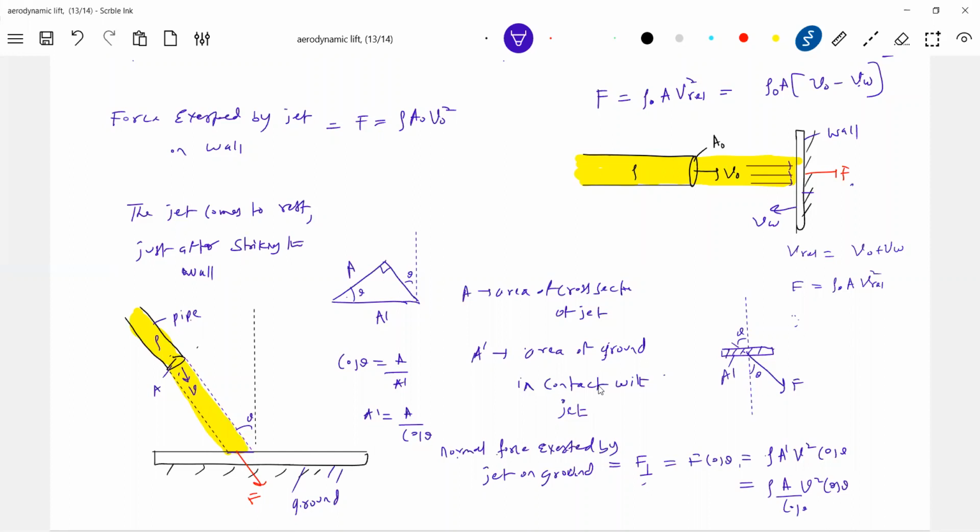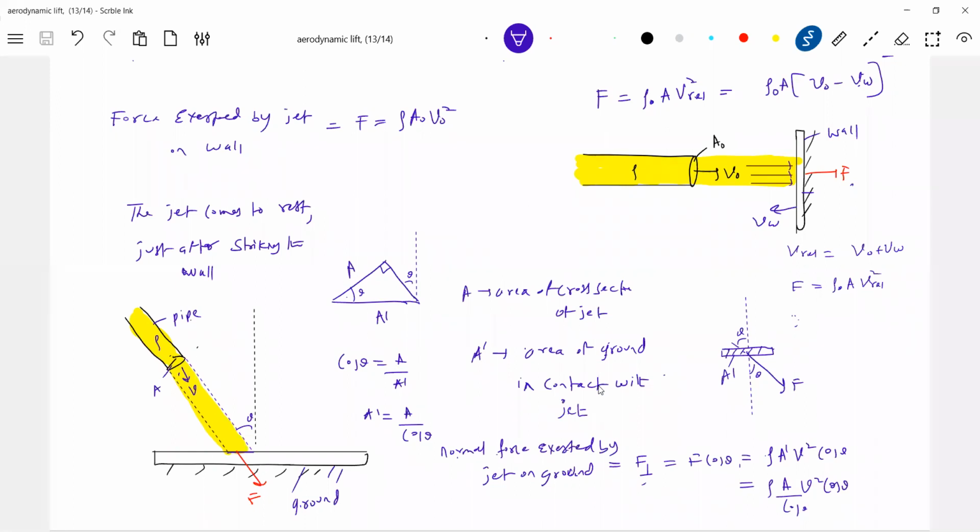Rho A V square only. Any changes? Anybody wants to object? A dash is what? Effective area.